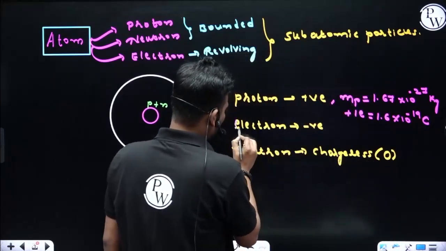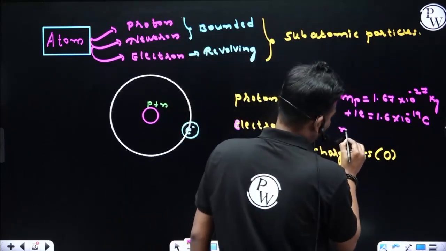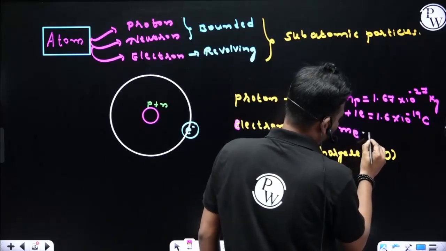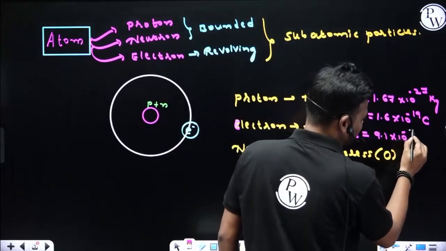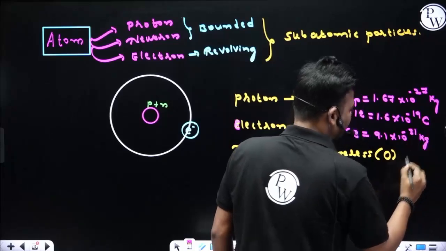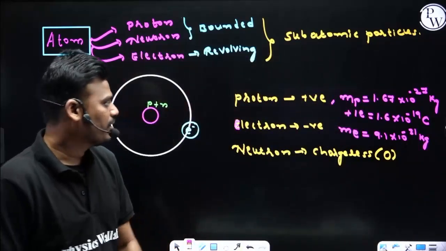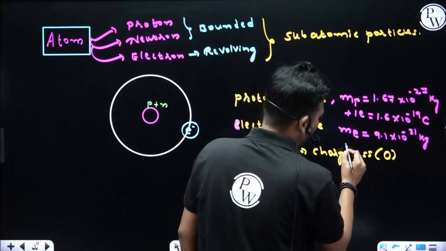Similarly, with respect to the electron, the mass of the electron is 9.1 into 10 power minus 31 kg. And what is the charge on the electron?